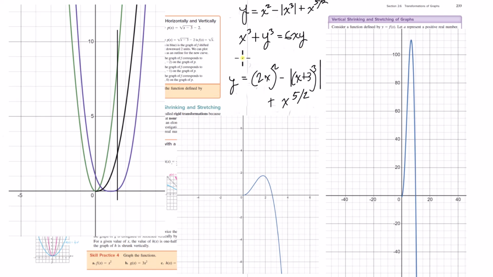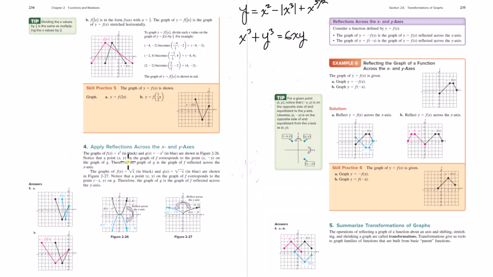Even if it's something like this, where you have a combination of parent terms and every single parent term has been transformed differently, you can still decompose it and see the parent function behind it and see how it's been transformed in general.